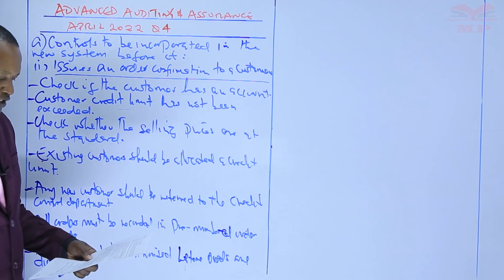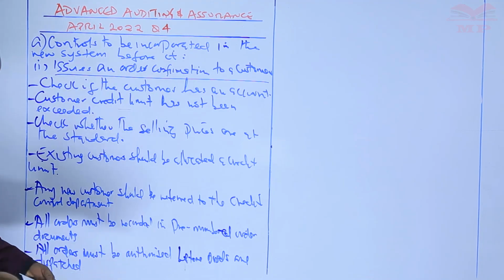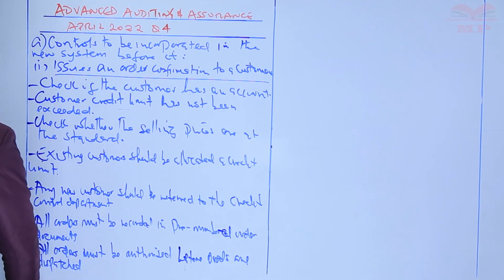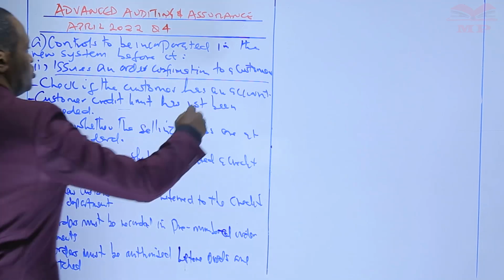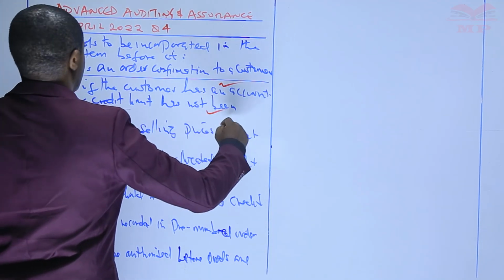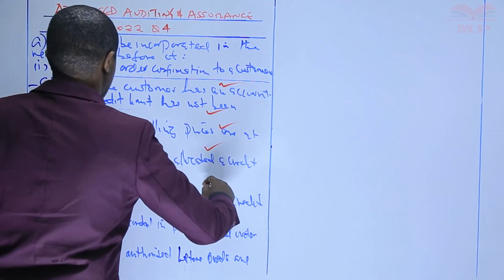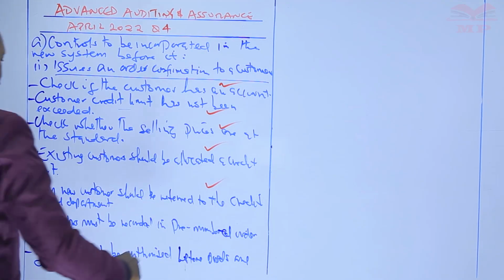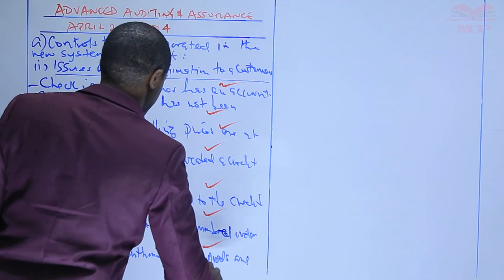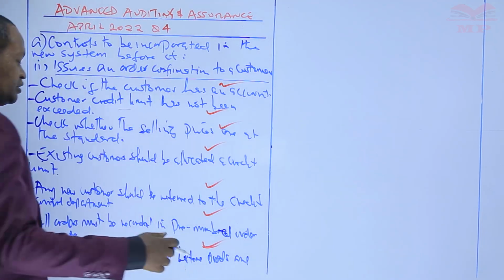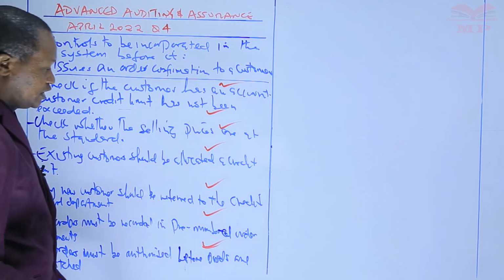I've given you more than enough points there. You have to give just 3. I've given you around, how many are these? 1, 2, 3, 4, 5, 6, 7, and the other point on dispatch, 8 points.